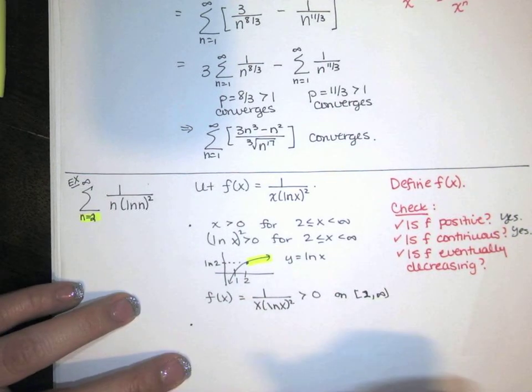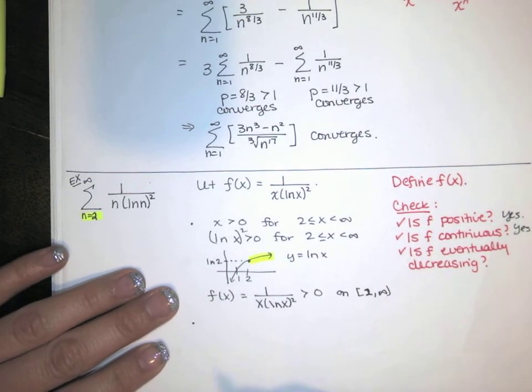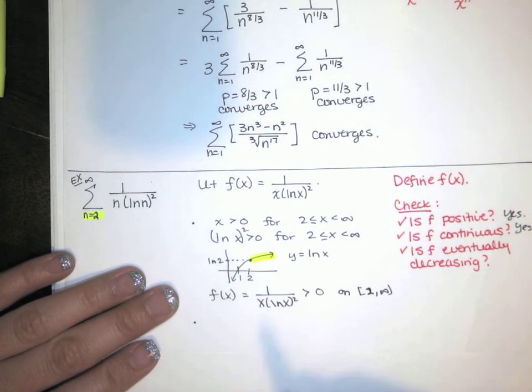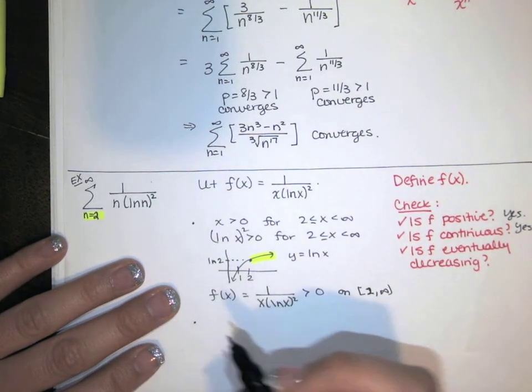Because we're not dividing by 0, we're not taking even roots of negative numbers, we're not taking the logarithm of a negative number or 0 on the interval from 2 to infinity. This function is well defined, and all the functions that we know of that are defined by formulas are well defined on their domains.